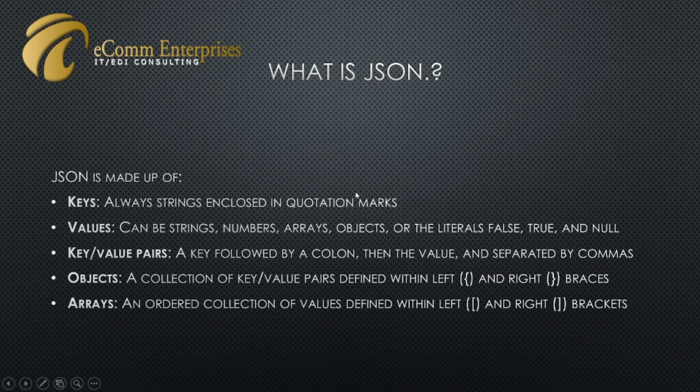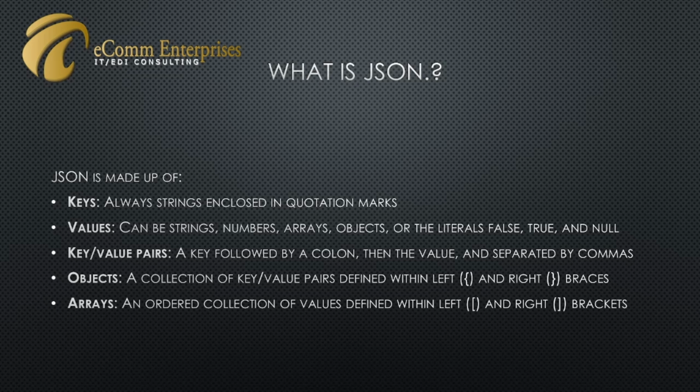Okay, what is JSON made of? It contains key value pairs. The keys are always enclosed in quotation marks. And the values, they do not need to be enclosed in quotations, because the quotation means that it's a string, but you can also have numbers, arrays, objects, literal true and false values, and so forth.